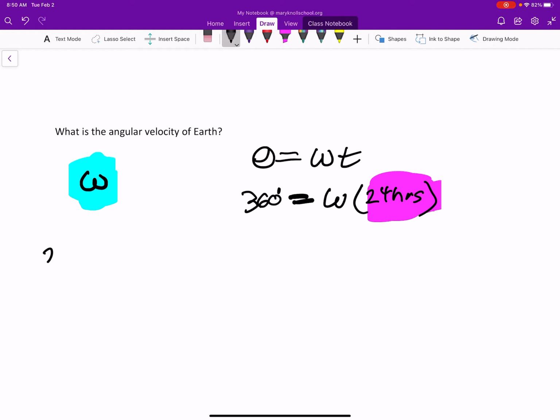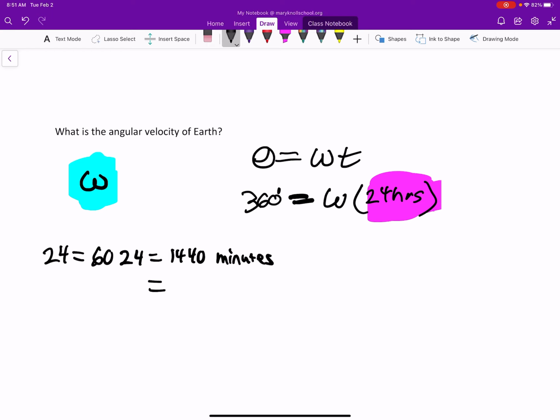So we do 24 equals 60 times 24, so that'll give us the number of minutes in a day. So 24 hours equals 24 times 60, which is 1440 minutes.